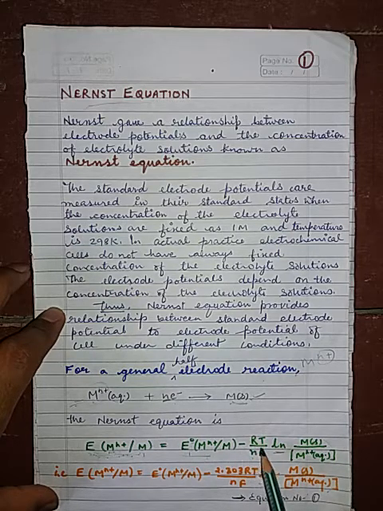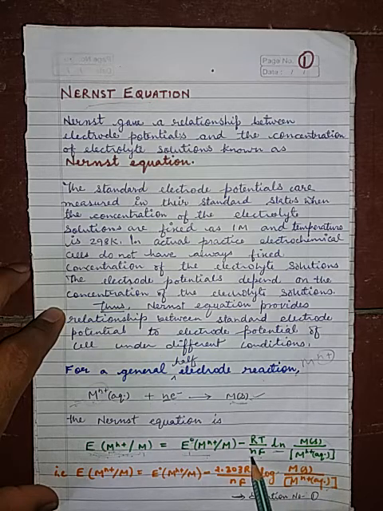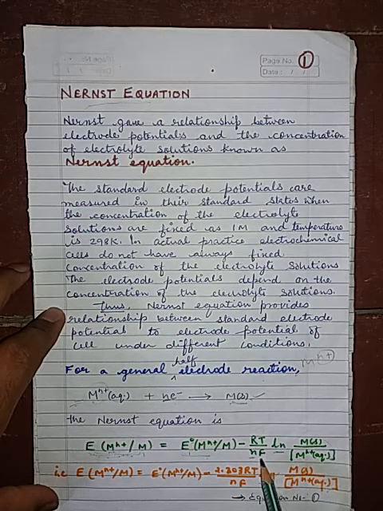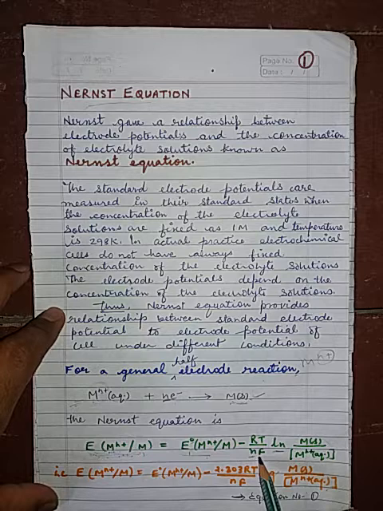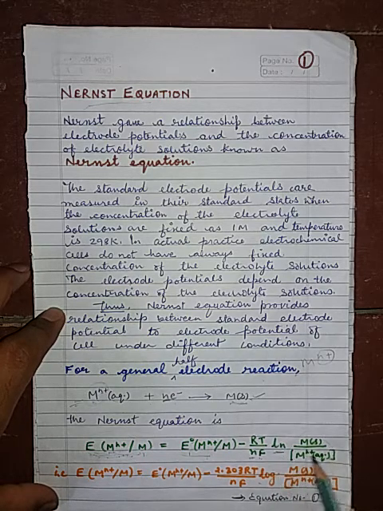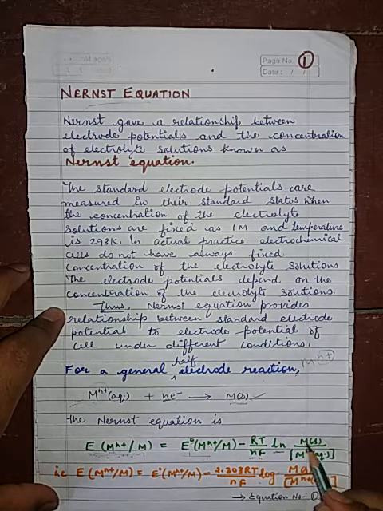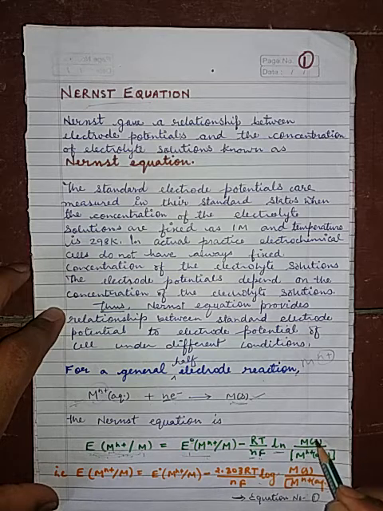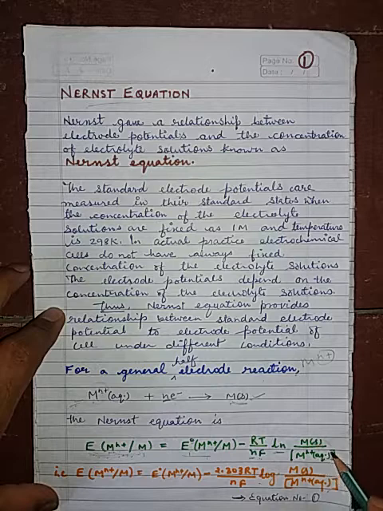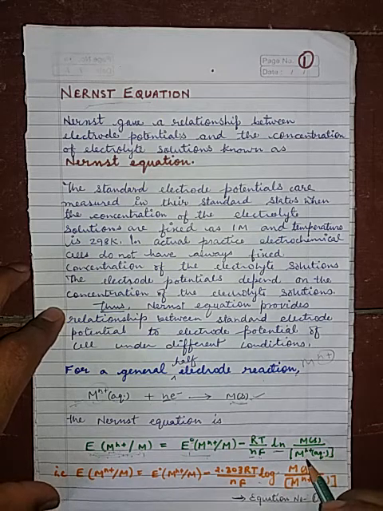Here R is the gas constant, T is the absolute temperature, n is the number of electrons lost or gained during the process, and F is Faraday's constant, ln is the natural log. The product should be written as the numerator, and the ions as the reactant should be written as the denominator.